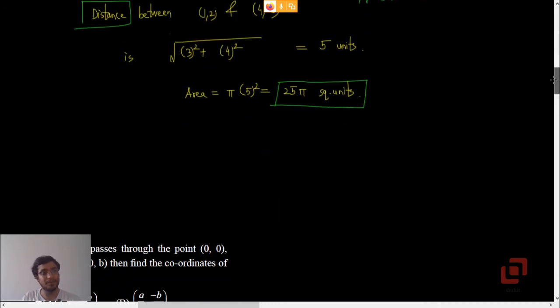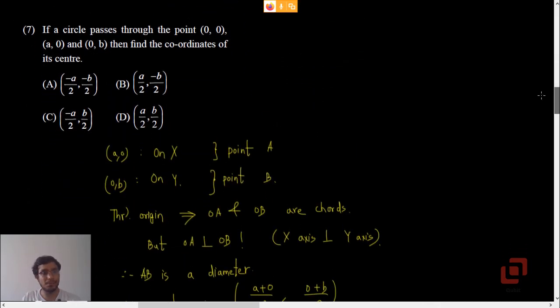Question 7. If a circle passes through the points 0, 0, that is the origin, a, 0 and 0, b, then find the coordinates of its center. Okay, so we have been given 3 points, 0, 0, a, 0 and 0, b.